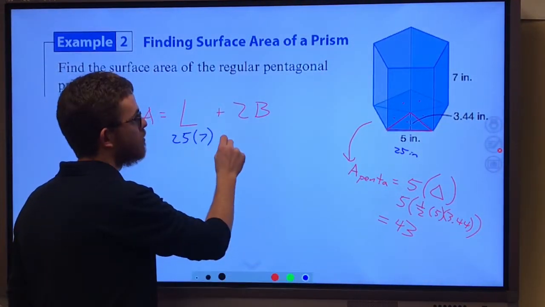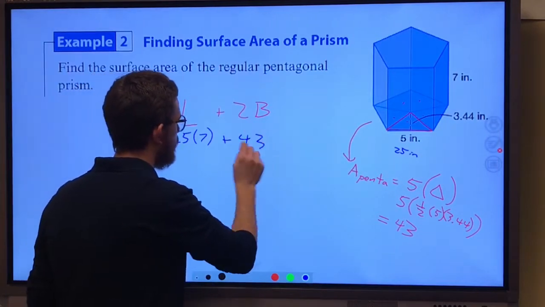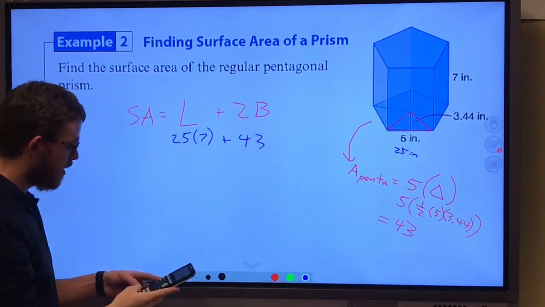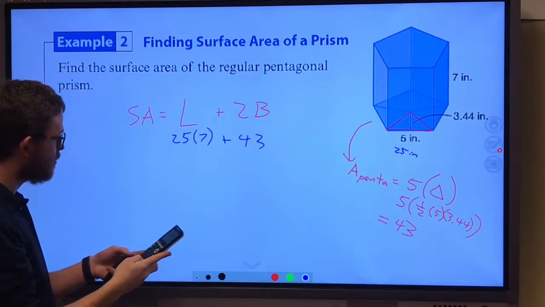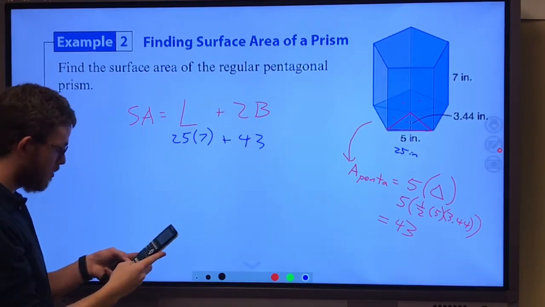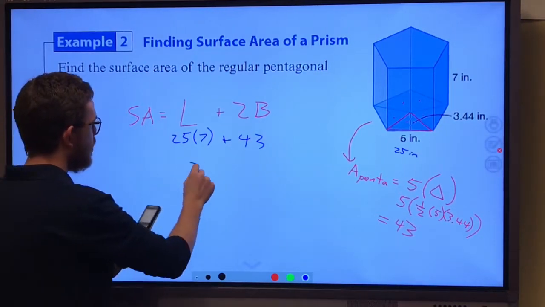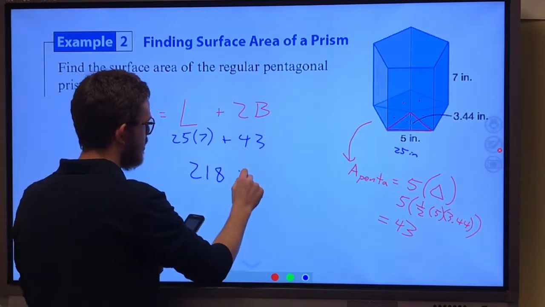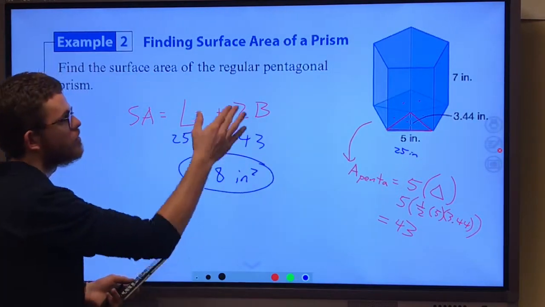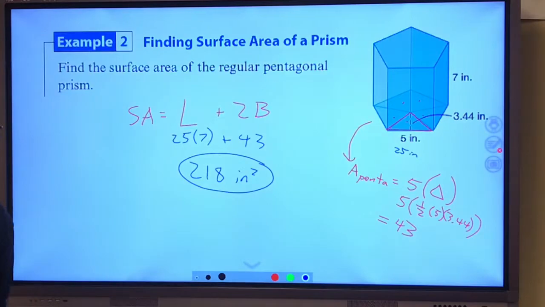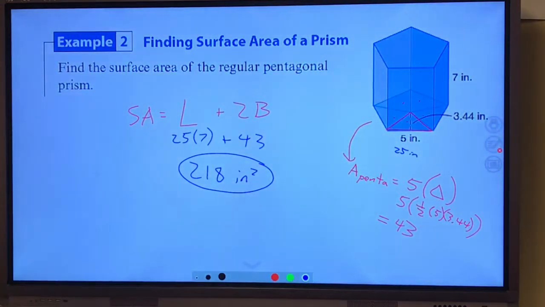And that is 43 square inches. Once I work this all out, I get total surface area, 25 times 7 plus 43. This comes out to be 218 square inches is the surface area of this regular pentagonal prism.